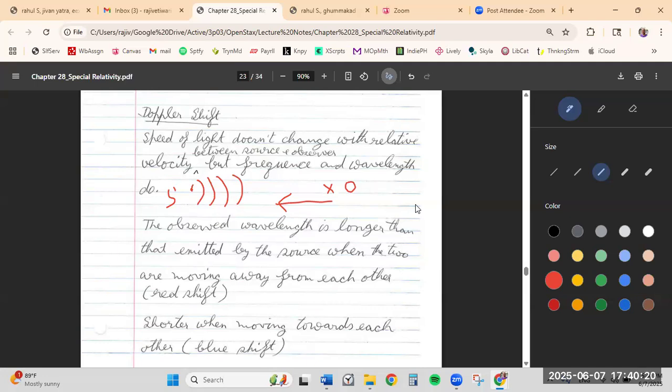So that's basically the idea. This change in perceived frequency and wavelength is called Doppler shift.